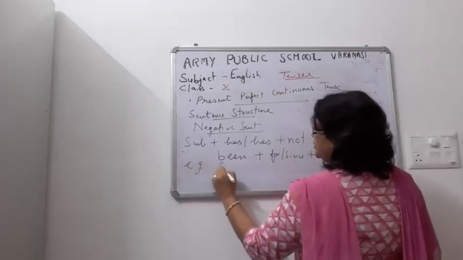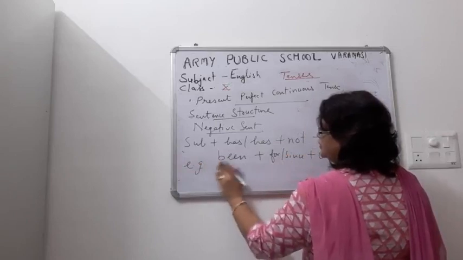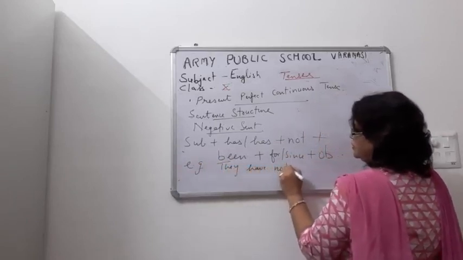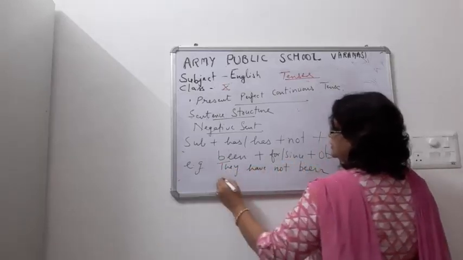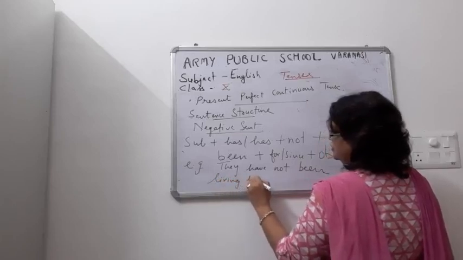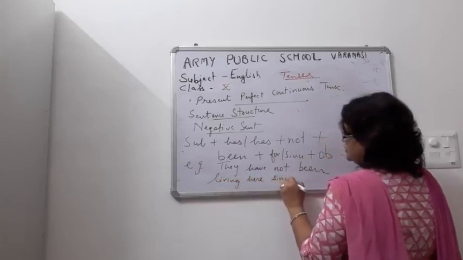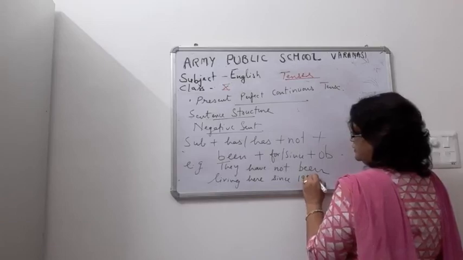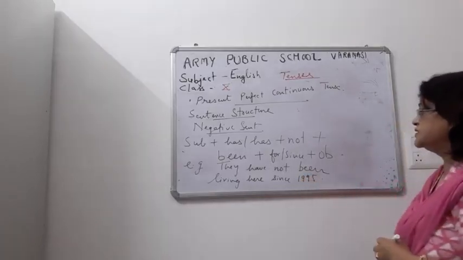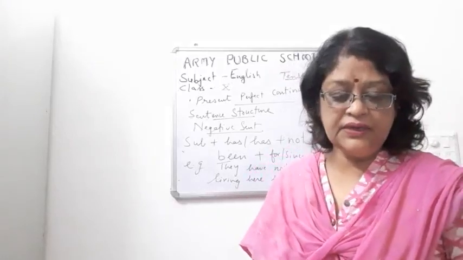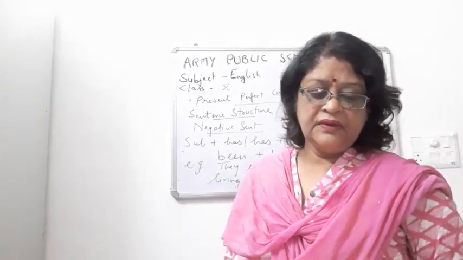For example, they have not been living here since 1995. They have not been living here since 1995. So this is the example of a negative sentence.